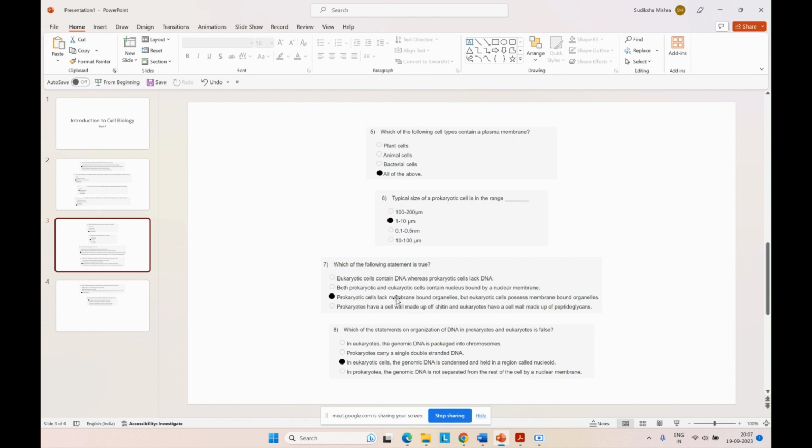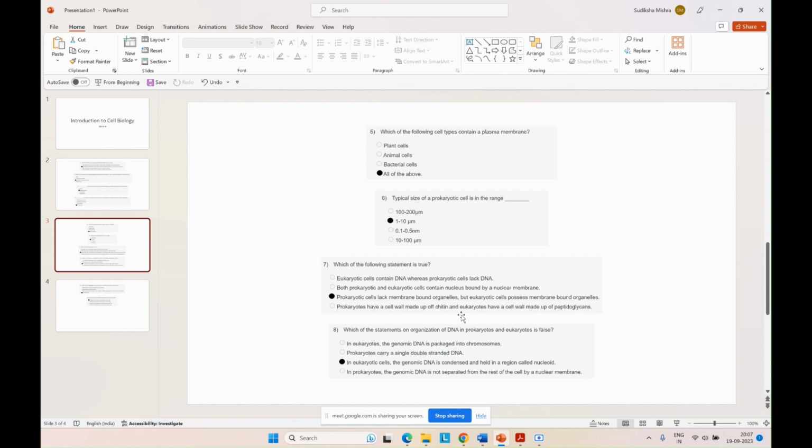Prokaryotic cells lack membrane-bound organelles, but eukaryotic cells possess membrane-bound organelles, which is true. Prokaryotes have a cell wall made of chitin and eukaryotes have a cell wall made of peptidoglycans. This is also false. Prokaryotes have a cell wall made up of peptidoglycans, and in eukaryotes, fungal cells have cell walls made up of chitin. Plant cells have cell walls made up of cellulose. All of these are different complex carbohydrates.